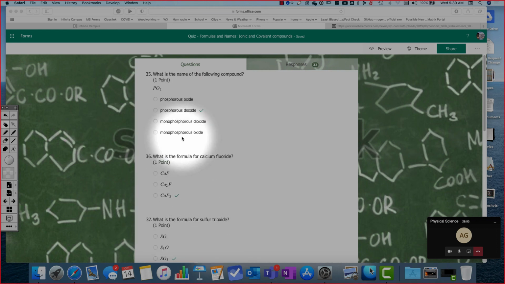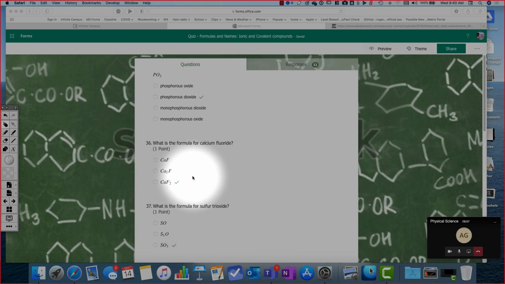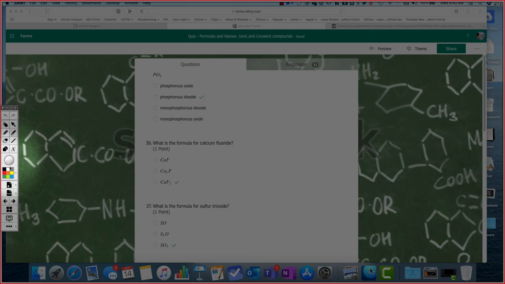The formula for calcium fluoride. Calcium is a metal. Fluoride is a nonmetal, so this is ionic. The oxidation number for calcium is 2 plus. Fluoride is 1 minus.